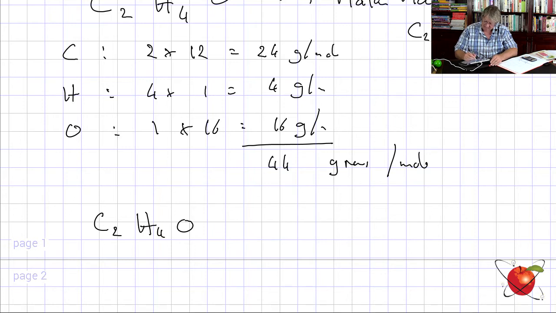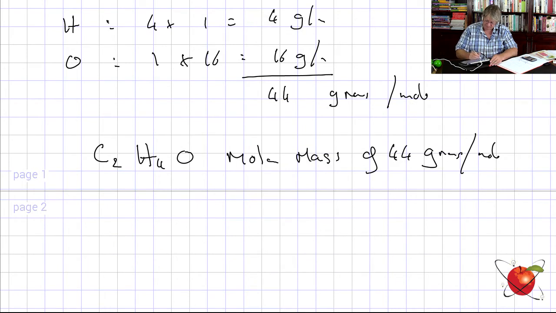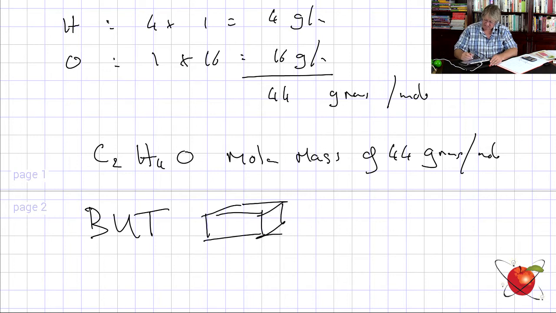C2H4O has a molar mass of 44 grams per mole, right? But remember, the block that we actually worked with there had a molar mass of 88 grams per mole, which means the molar mass of the empirical formula that we worked out, this is the empirical, remember?